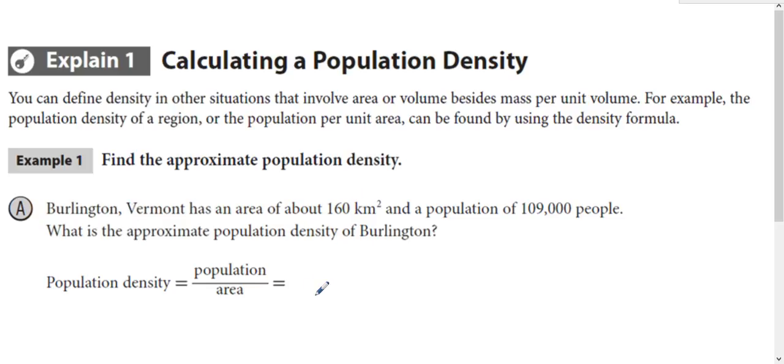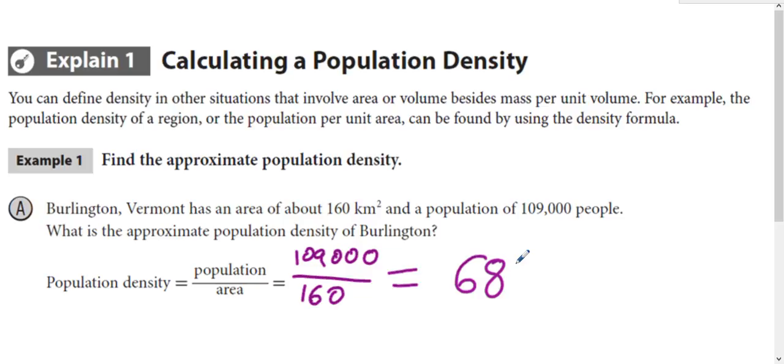It has an area of about 160 kilometers squared, so 160 is the area, and a population of 109,000 people. What is the population density? So you just do 109,000 divided by 160 kilometers squared. That's 681.25. That was people. And then our denominator was kilometers squared, so it's people per square kilometer.